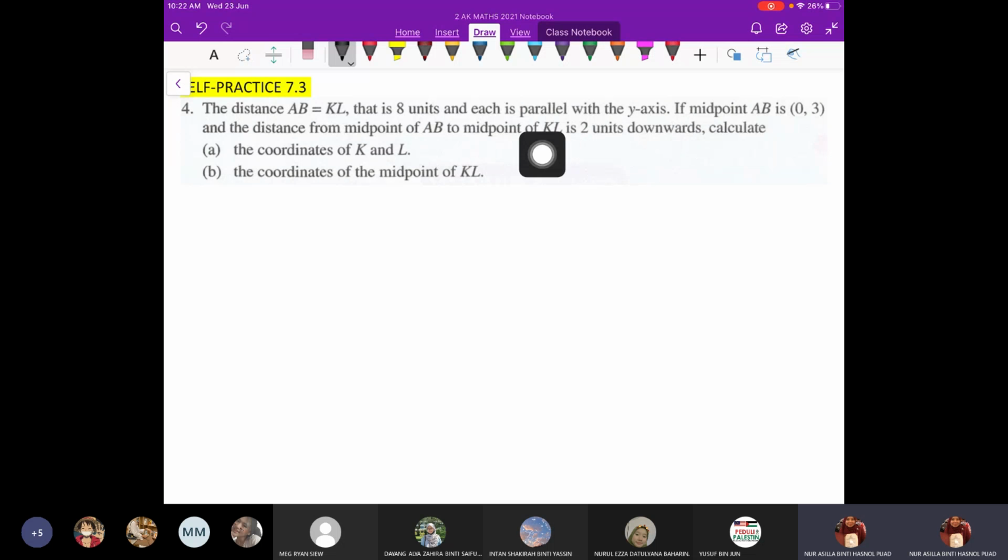Okay, dah start ni. Okay, kita buat lakaran dahulu. Let's sketch yang ni dulu. Alright, I have y-axis. Okay, AB is equals to KL dan dia parallel to the y-axis. Okay, so saya teacher wujudkan dua line.